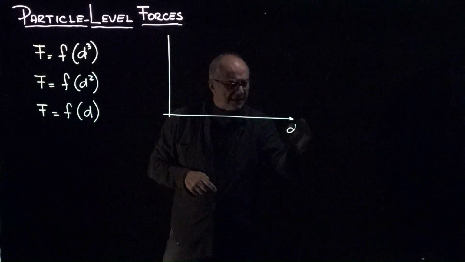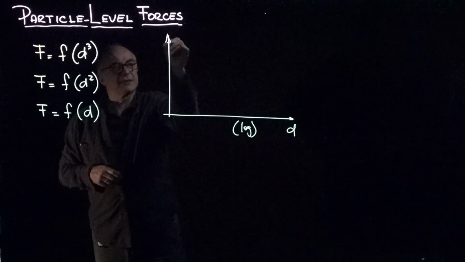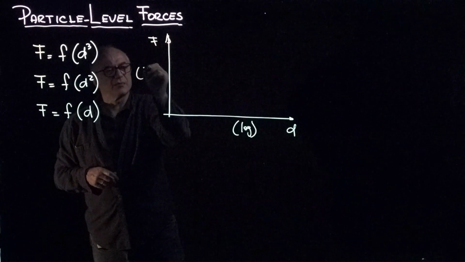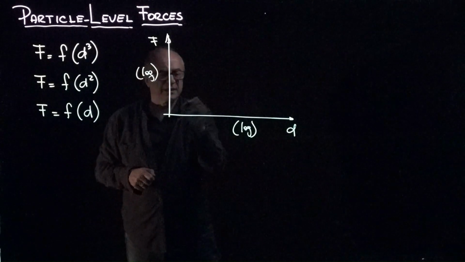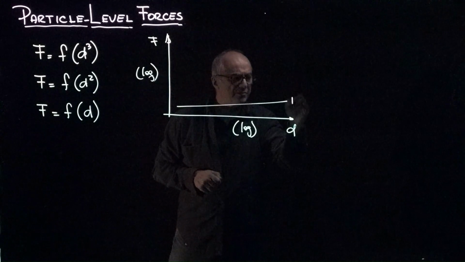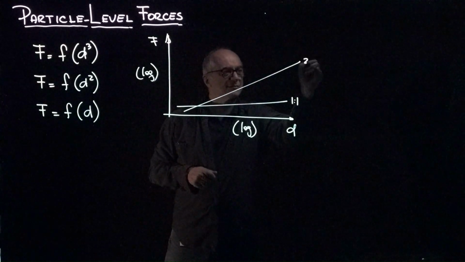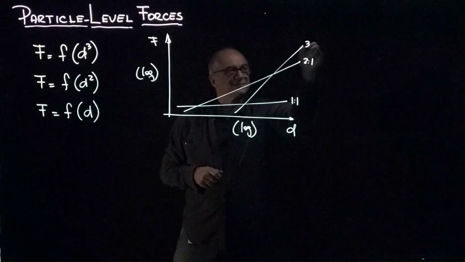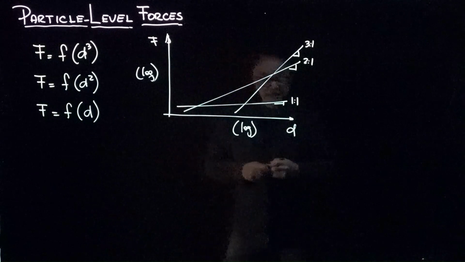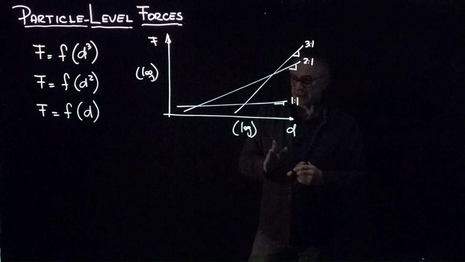So let's look at this. This is the diameter in logarithmic scale, and these are the forces in logarithmic scale. And we're going to have the 1-to-1 slopes, the 2-to-1, and the 3-to-1. What this means is that they are going to intersect.